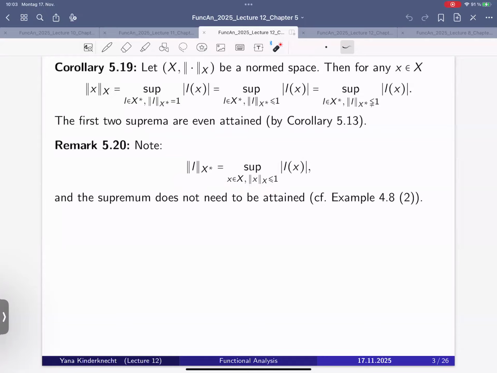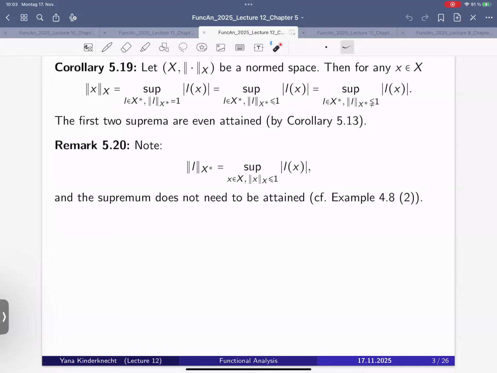And here is something dual, so to say. The norm of X is the supremum of the same things, but the supremum is taken over all continuous linear functionals whose norm is smaller or equal to 1.